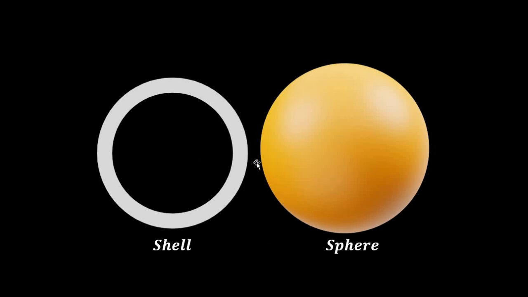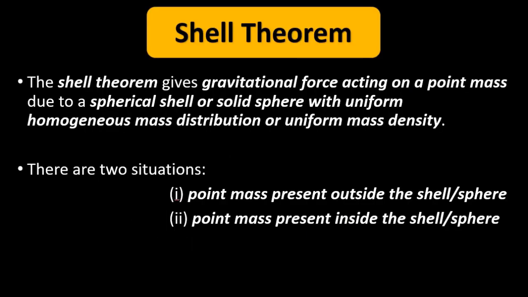The mass density of the solid sphere or the spherical shell is constant throughout. So suppose we have a point mass at a distance outside the sphere, or inside the sphere or the spherical shell, what will be the nature of the gravitational force? The important thing is that the spherical shell or solid sphere under observation is of uniform mass density. The mass distribution should be homogeneous.